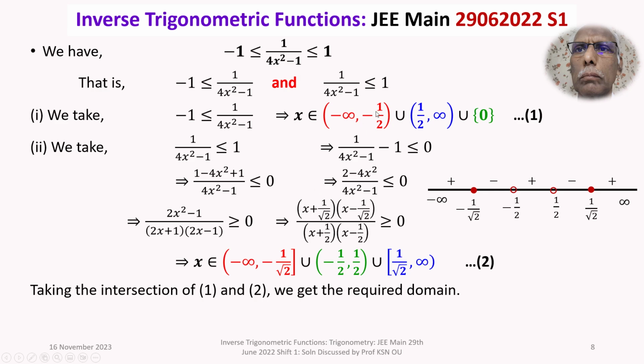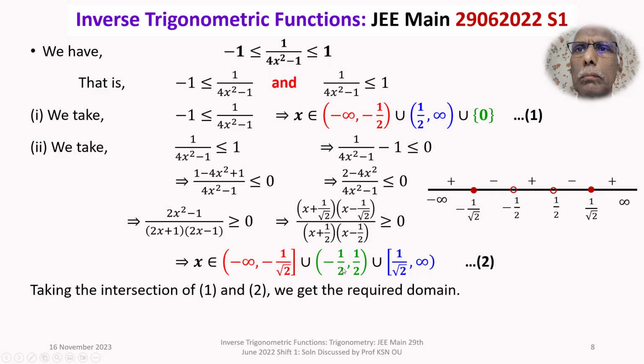If you take the intersection, the smaller of these two, that is minus infinity to minus 1 by root 2 will be there. And the remaining ones have nothing to do, because their intersection is empty. And the blue one, 1 by 2 to infinity, here 1 by root 2 to infinity, the smaller of these two is 1 by root 2 to infinity.